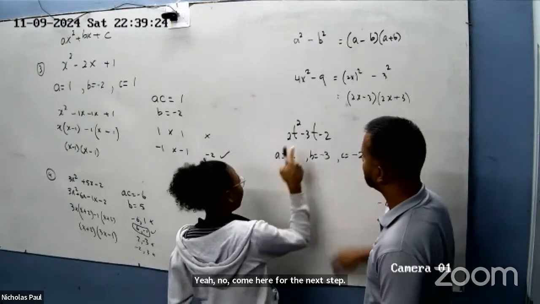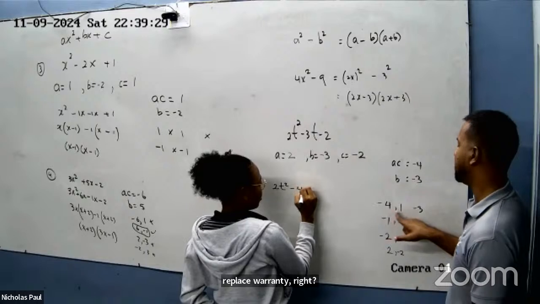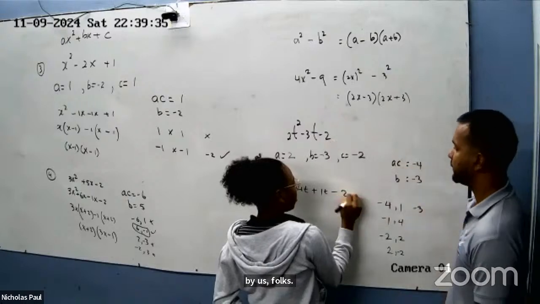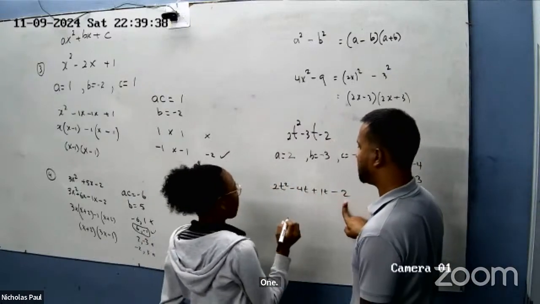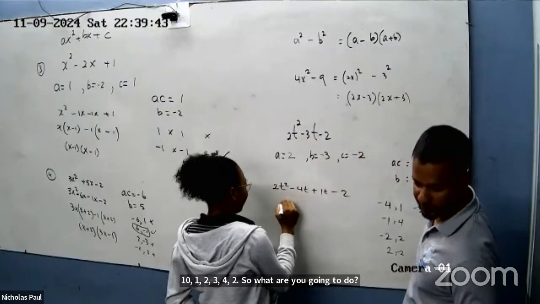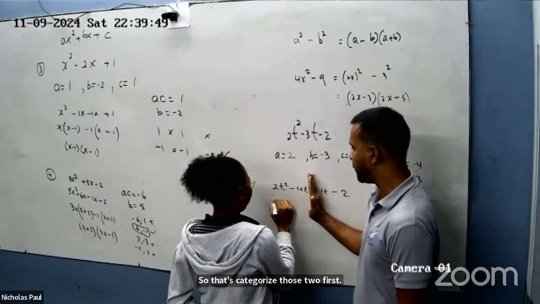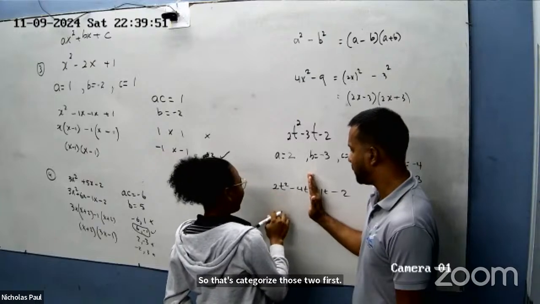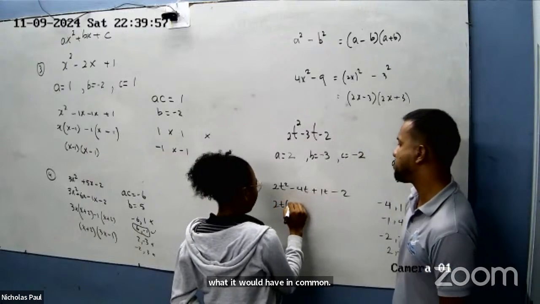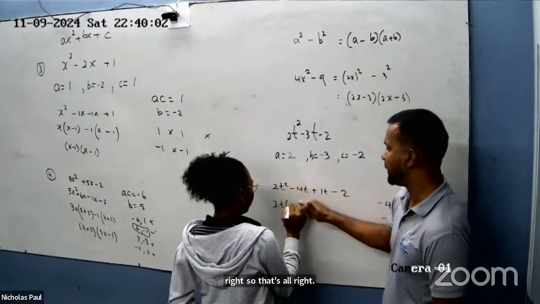Replace it. So 2t squared minus 4t plus 1t minus 2. So we're going to factorize those two first. What do they have in common? 2t, bracket. What do they have in common then?